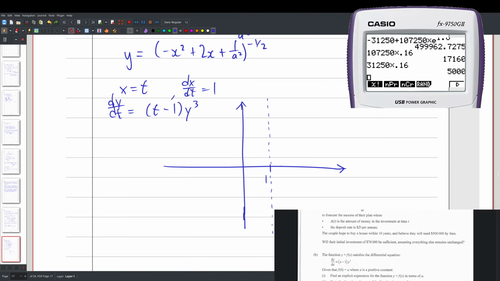Let's say you start down here, then y cubed is positive, but t minus 1 is negative. So you end up going down.